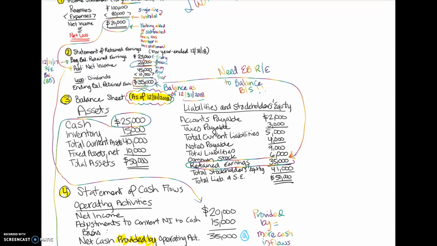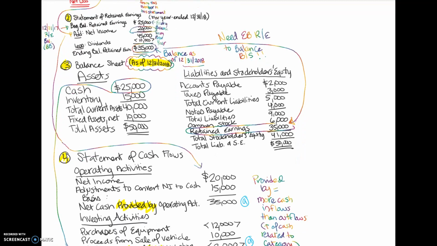We have to prepare our statement of retained earnings before we can get on to our third financial statement, which is our balance sheet, because in order to balance our balance sheet, which is showing that assets indeed equal liabilities plus owner's equity, or stockholders' equity in this case, from our accounting equation, we need that ending balance of retained earnings.